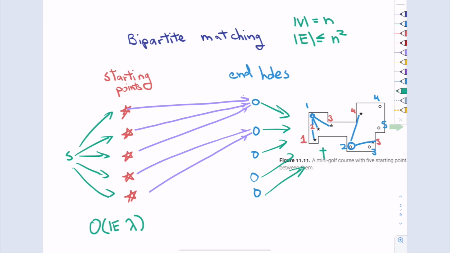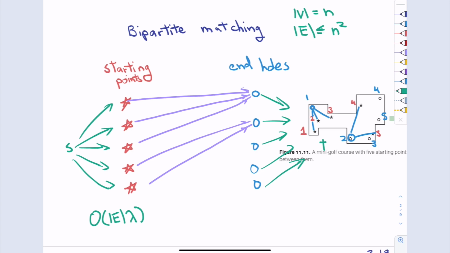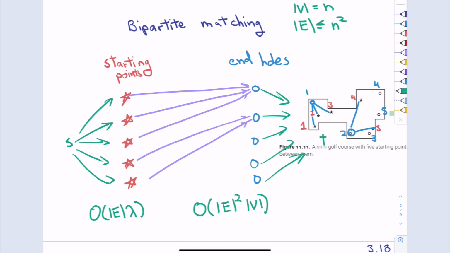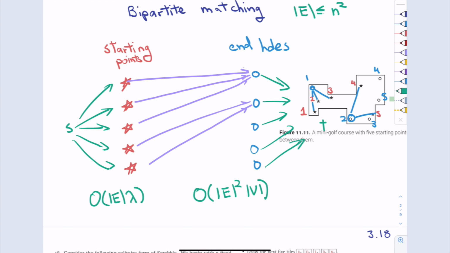So it would be number of edges times the size of the flow. We also did the shortest augmenting path, which would be number of edges squared times number of vertices. Okay. So say plugging in, for example, these two, we just said, okay, number of edges will be n squared. And then what's the best upper bound we can get for lambda, the size of the flow, in terms of this matching problem?